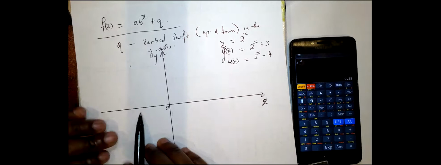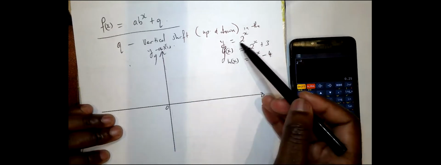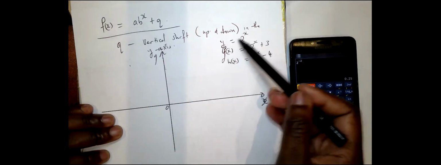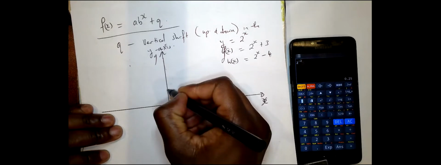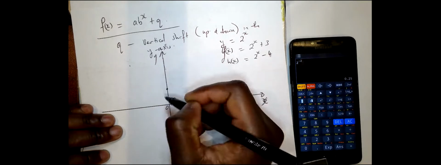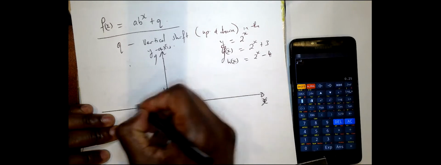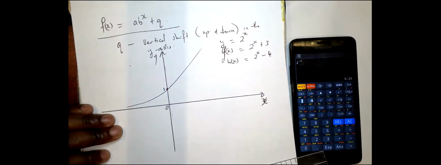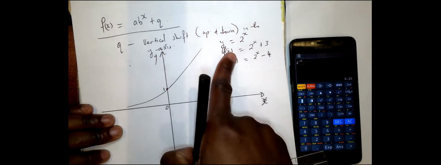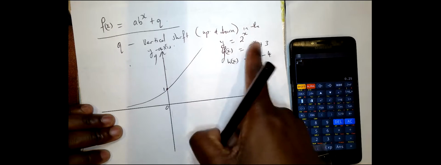Now, let's say our original, the mother graph, is y equals 2 to the power of x, and we know that it's going to pass at 1. Now, let g of x equal 2 to the power of x plus 3.